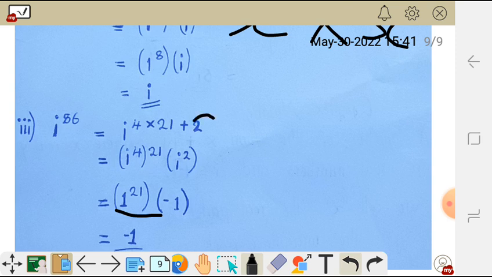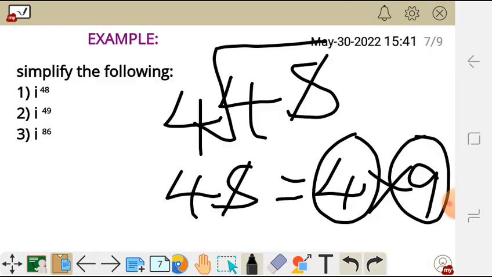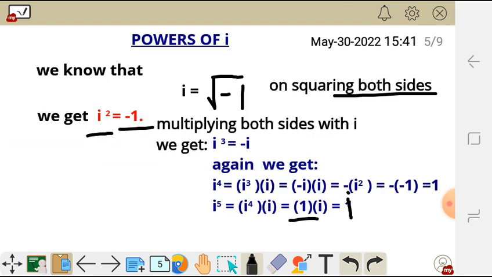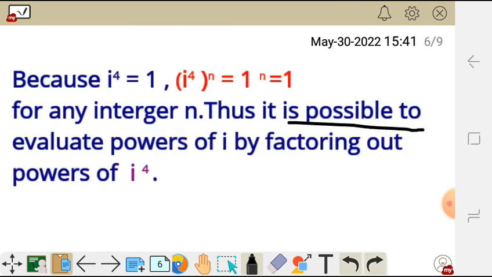And then this remainder here is also a power, so it will be i to the power 2, which we know is negative 1.